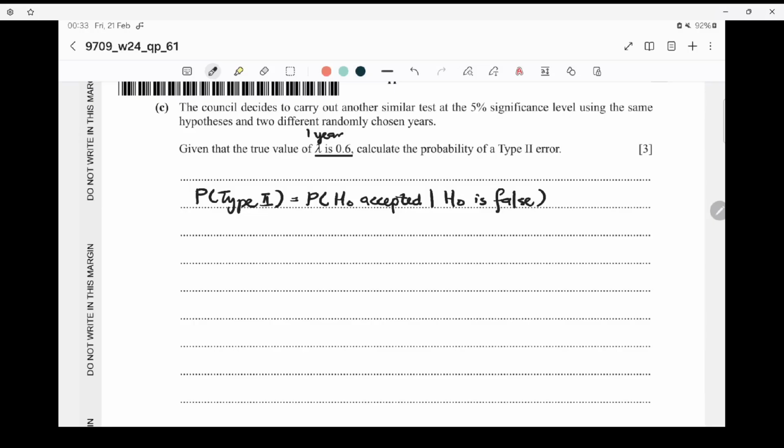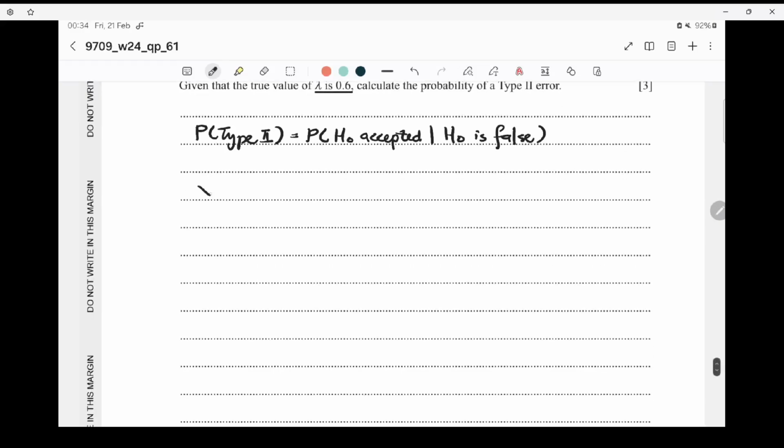So previously I mentioned that for type 2 errors, usually they will give you what is called the true statistics. In this case, the true statistics for 1 year is lambda equals 0.6. So for 2 years, this will be 1.2.